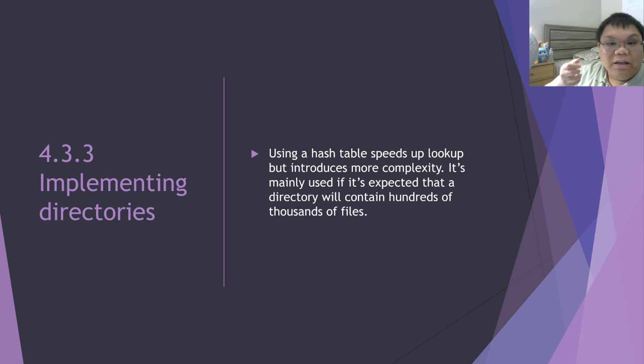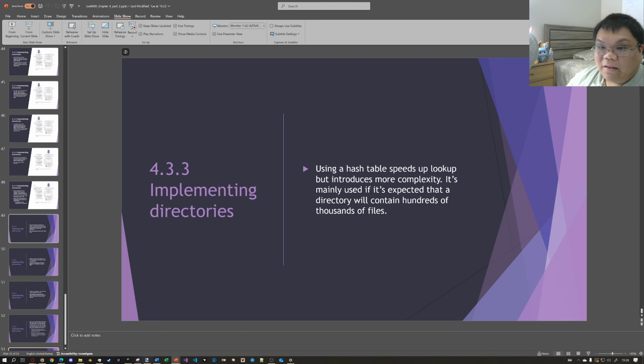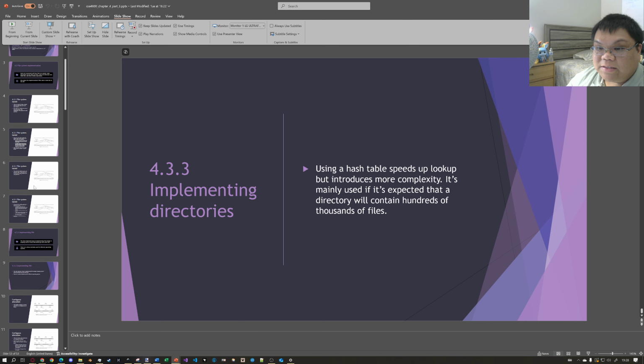My point is, if you are storing millions of files in a file system, chances are you're going to want a hash table because it's going to speed up looking for files. And that concludes our discussion on files and file systems.